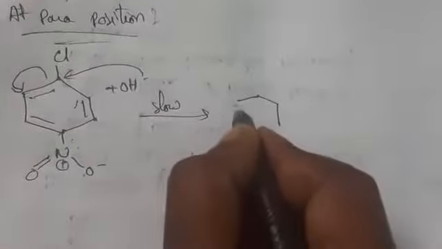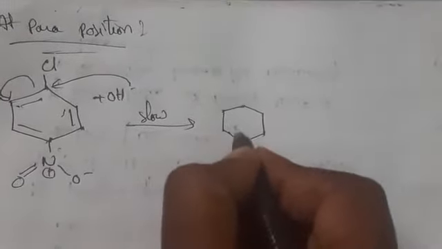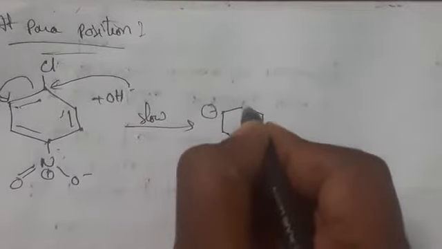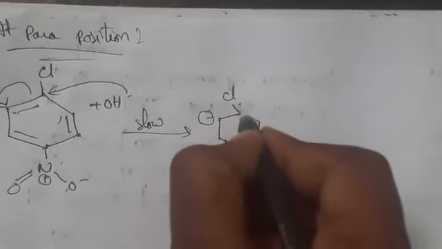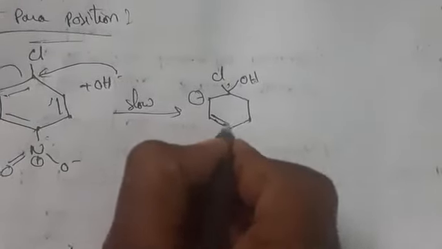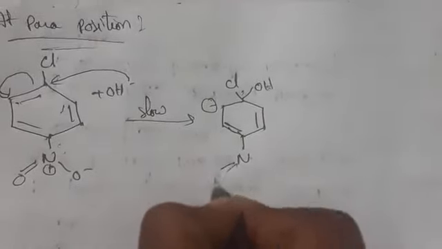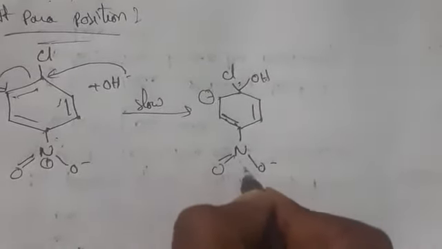If you turn the bond here, what you are going to get is a minus charge. So here minus charge, here we are getting Cl, and here OH. Okay, so now here, bond here. Now what happens here, N double bond O minus, plus.